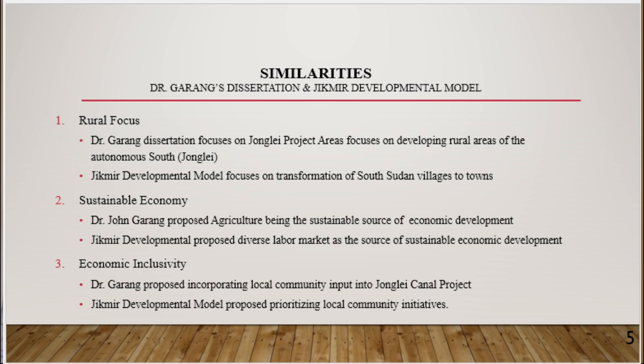And he proposes that instead of doing it without local inputs, the locals should be given the opportunity to provide their inputs on that. So on that part, the economic inclusivity is shared by both approaches. Right?